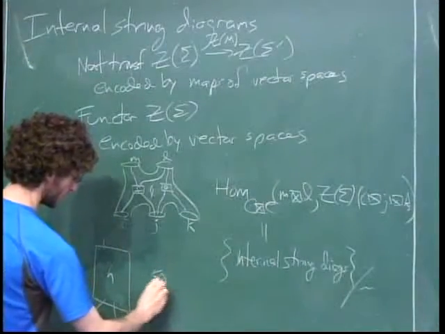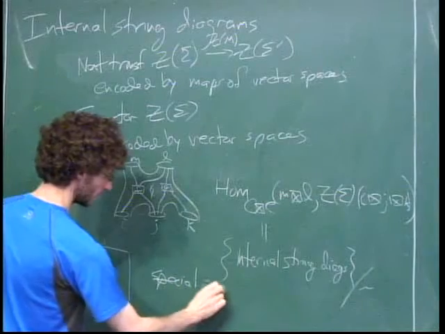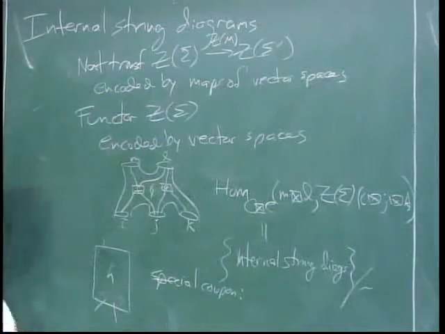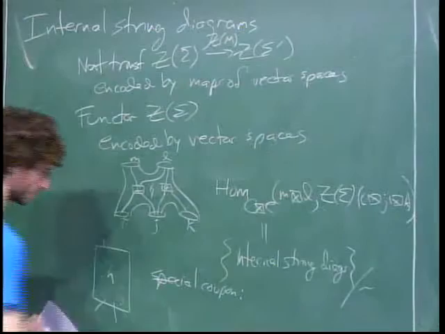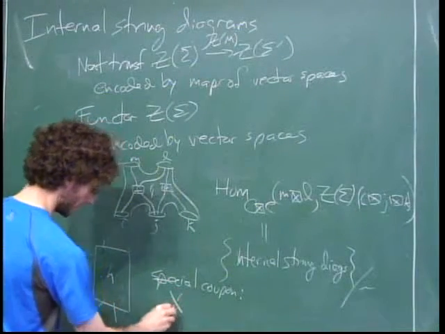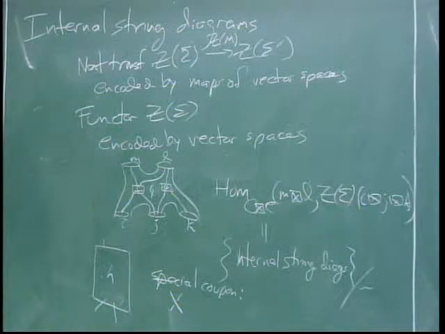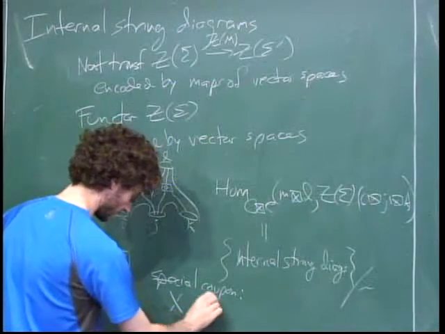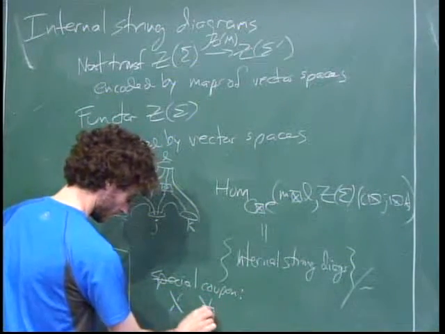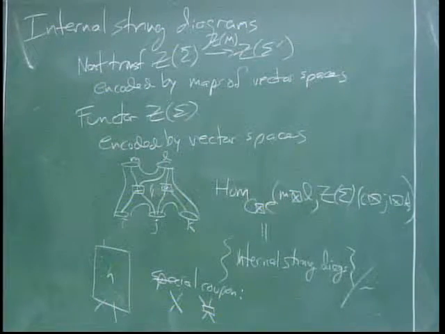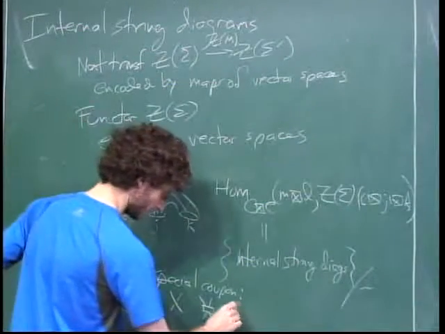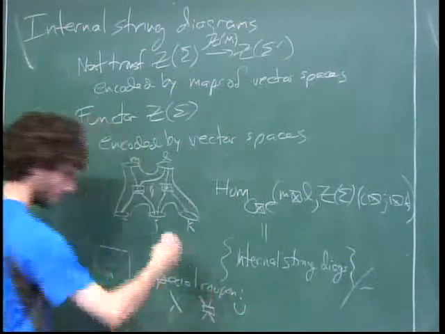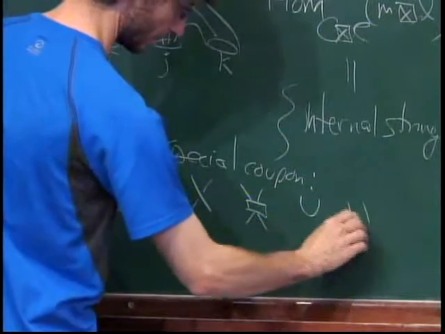And then, if your category is equipped with some extra structure, there are special coupons. So for instance, if your category is braided, there's a special coupon denoted like this. What this is really, as a string diagram, is a 4-valent coupon, and the label is the braiding morphism. We just don't draw it. And similarly, a cup is really a special kind of 2-valent coupon that looks like that, and it's the evaluation map of those two objects.